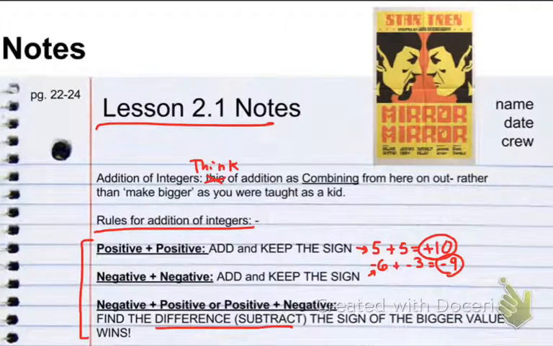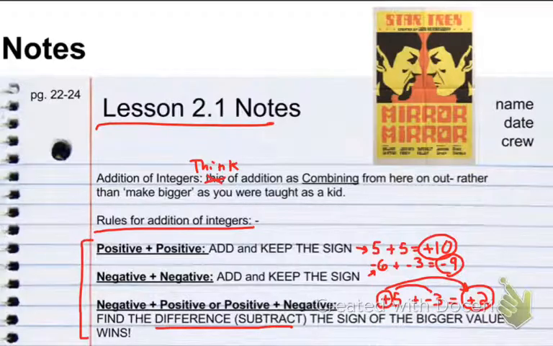So for example, if I have positive 5 plus a negative 3, I would end up getting a positive 2. I subtract 5 and 3, and since 5 is bigger, it takes that sign. Okay? So, let's do a few practice problems to kind of get this down.